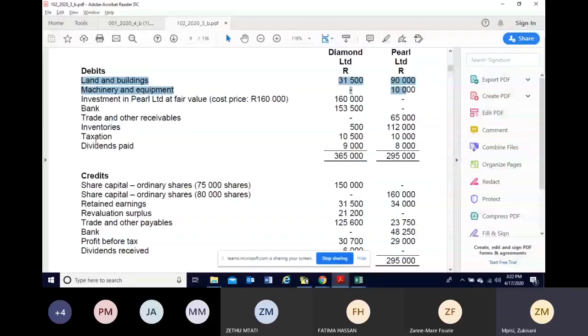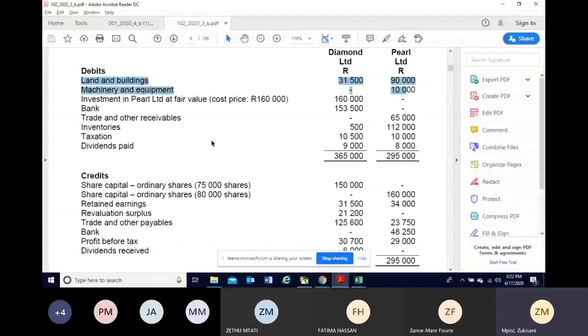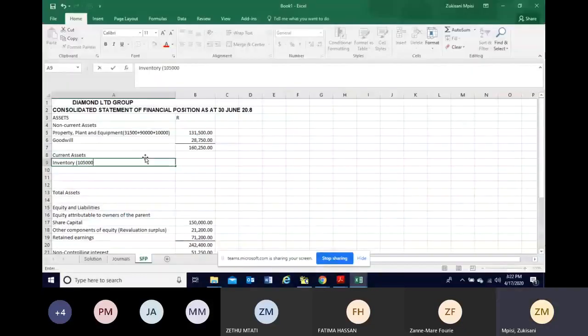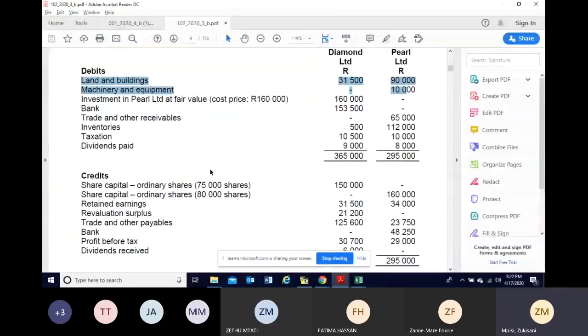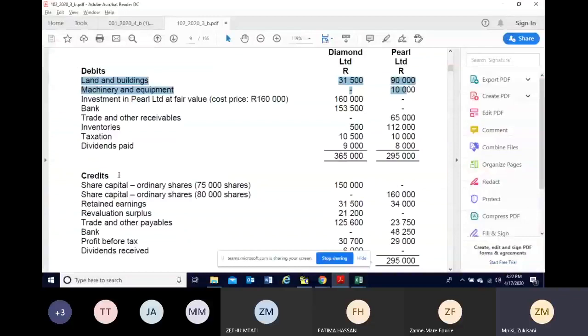Let's look at what we have. I see inventories. What is the inventory that we have? Plus 10,000. Then we look at what else we have. Trade and other receivables, it's 65,000.